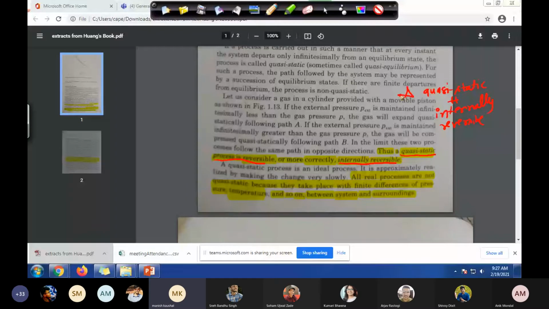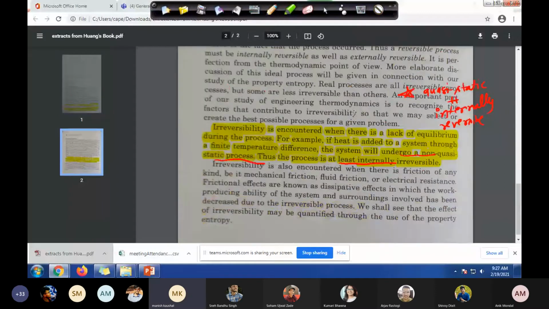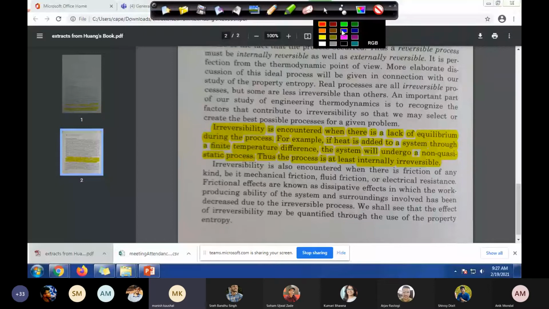Then what is said on the second page is very important for us, marked in yellow: irreversibility is encountered when there is a lack of equilibrium during the process. It can be lack of pressure equilibrium, lack of thermal equilibrium, or lack of chemical equilibrium.